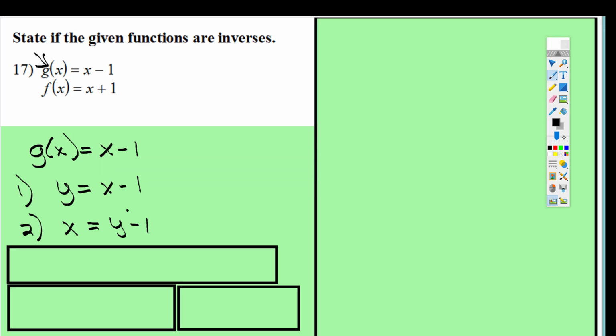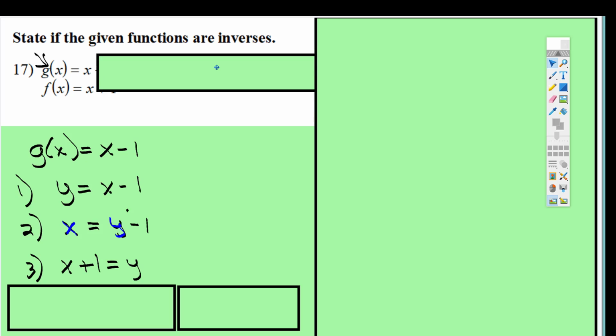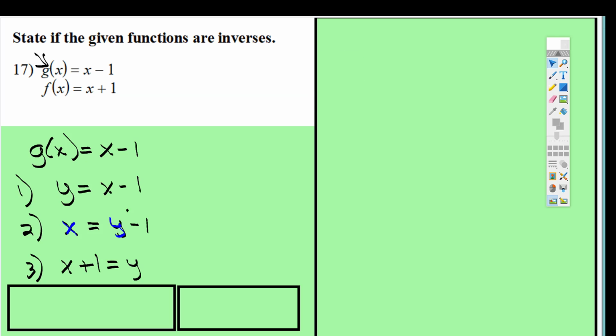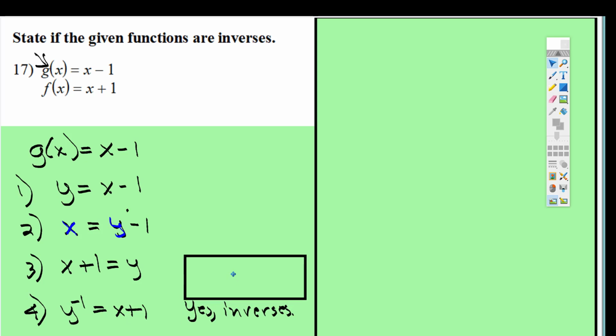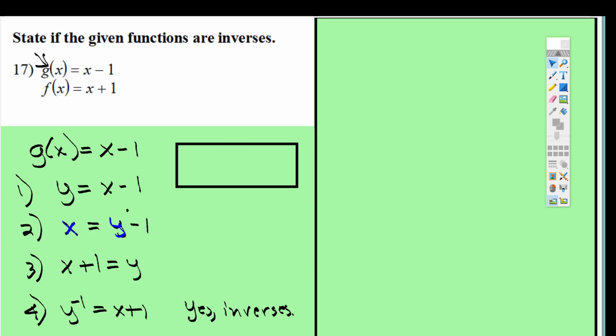I think what I have been doing is swapping the x's and the y's just to make that visible. All right, then you get the y by itself. In this case, we're just going to add 1 on both sides. And now that the y is by itself, I'm going to rewrite it as y to the raised -1 is equal to x plus 1.